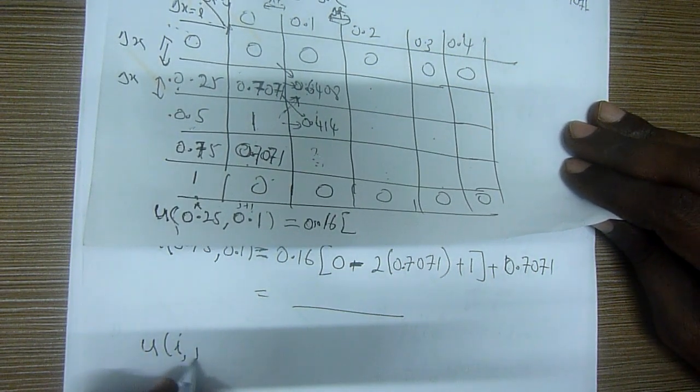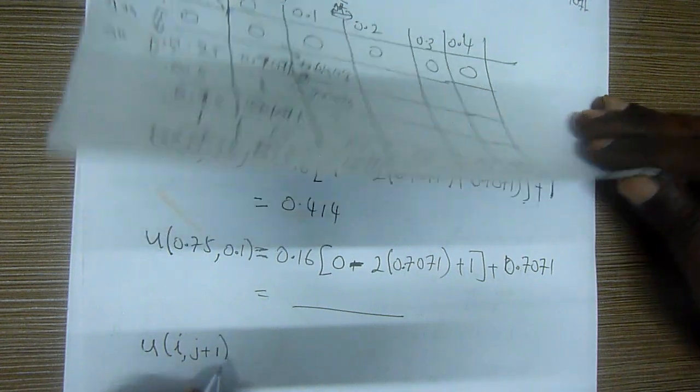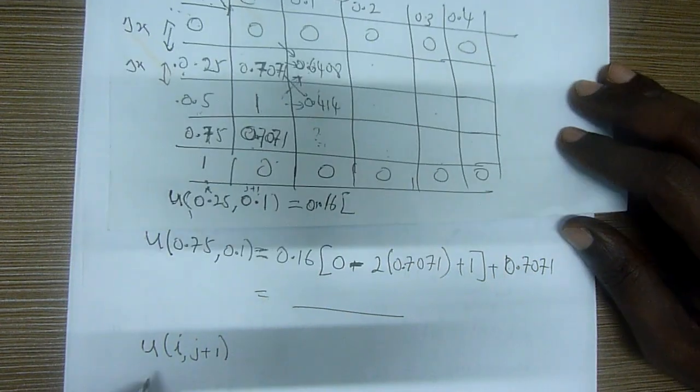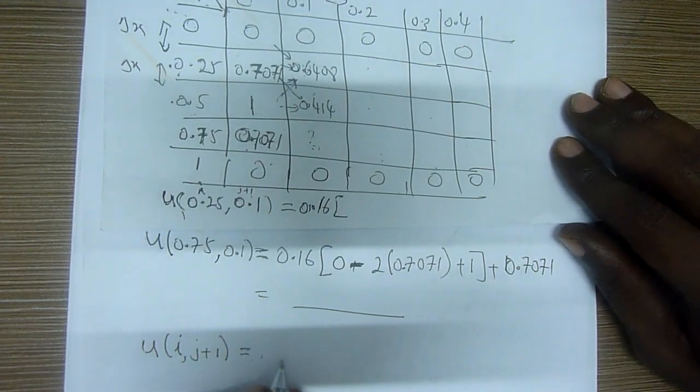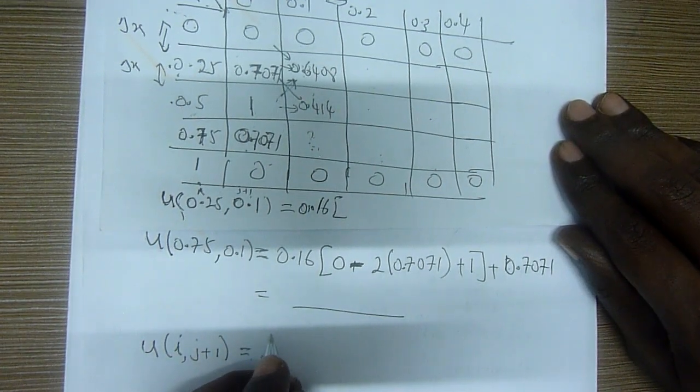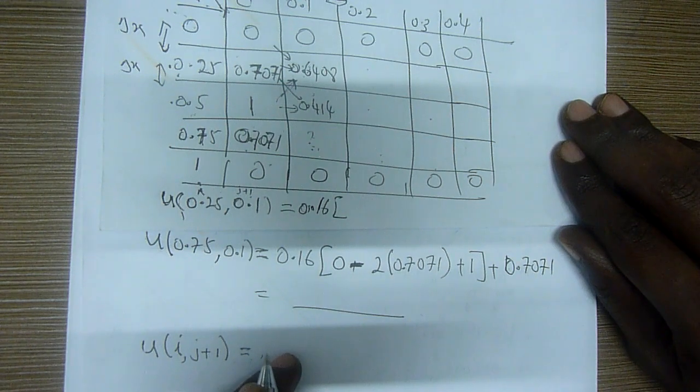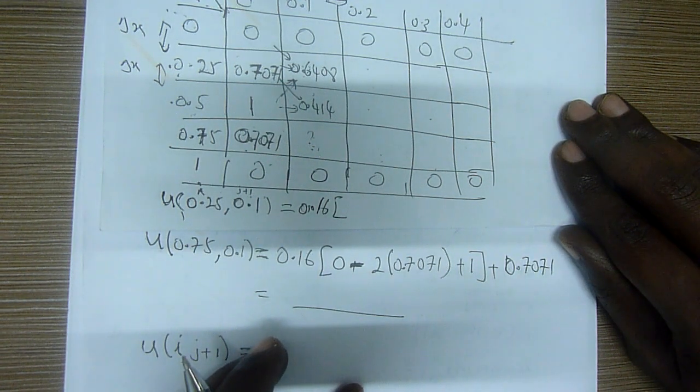u i, j plus 1. Okay, you go one step higher. Now I organize everything back according to the order, therefore it's easier for you to handle this problem.